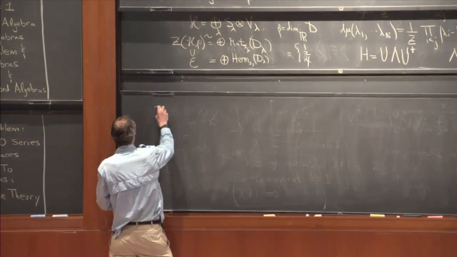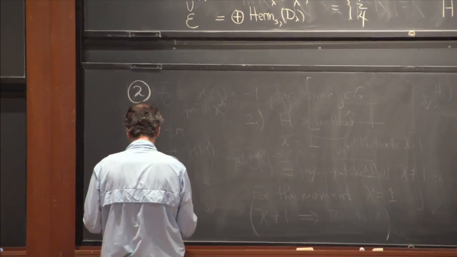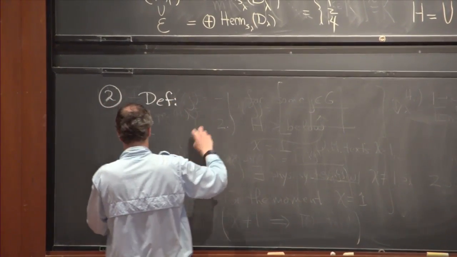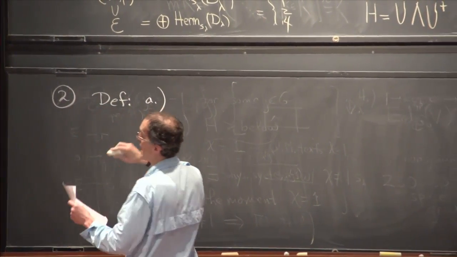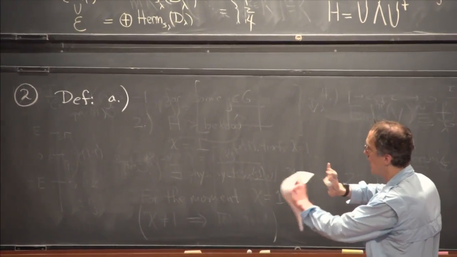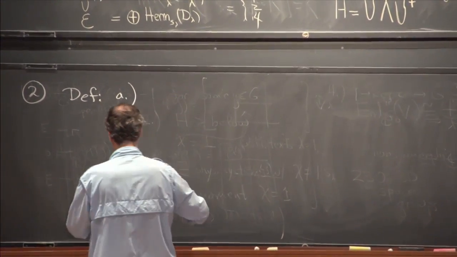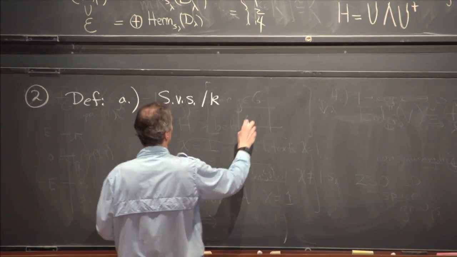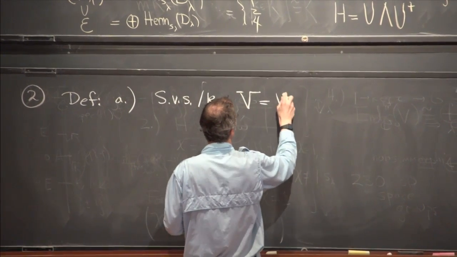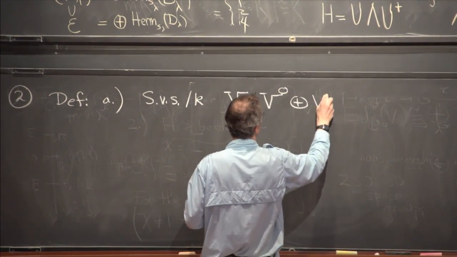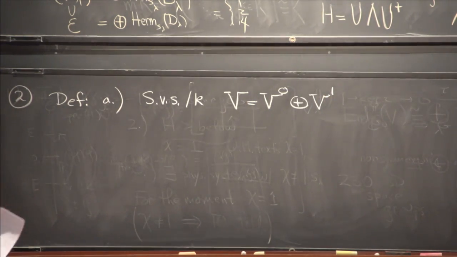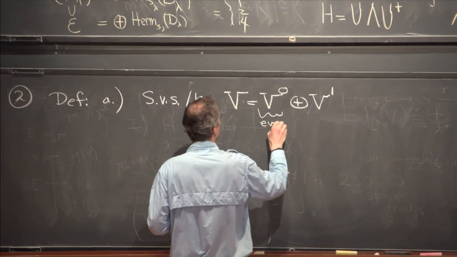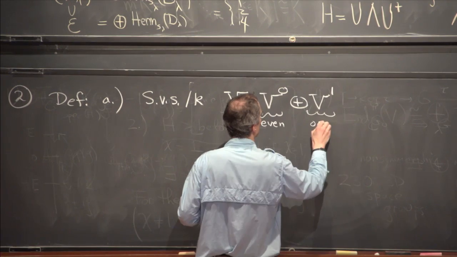So now, what is a super vector space? That's easy. Z2 graded and super in the math literature are completely synonymous. So a super vector space over kappa is simply a vector space over kappa with a decomposition into a direct sum of two subspaces, which are called the even and the odd subspaces.